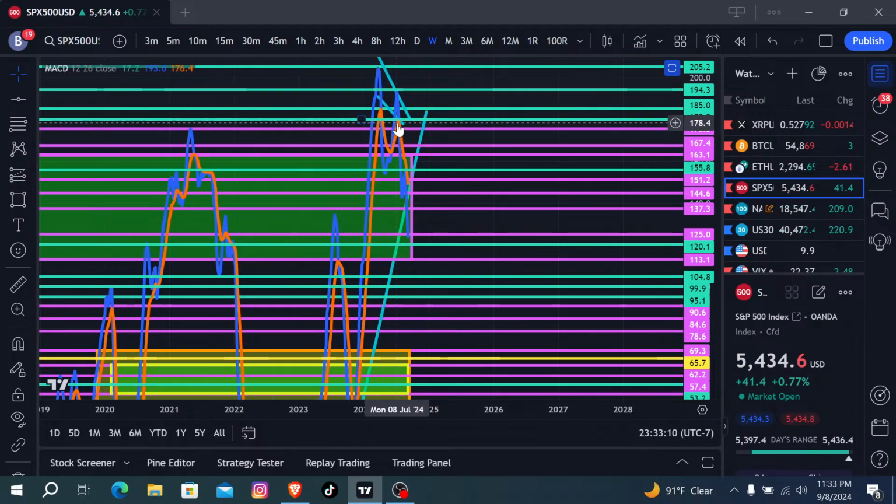it bounced back up, but then came back down to this region. And I said, hey, this is already warning saying bad things are happening. So either these next 2 weeks, I said, we're gonna need to create support and bounce back up and give it one more try, or we're gonna have bad news and we're gonna be testing this trend line.